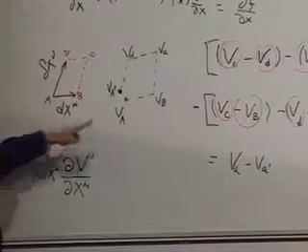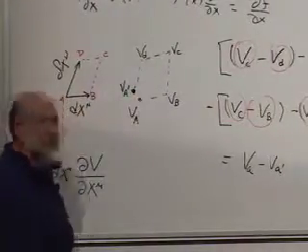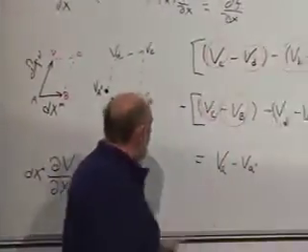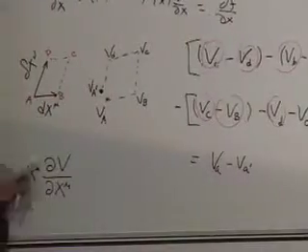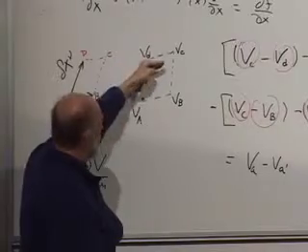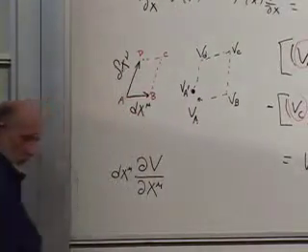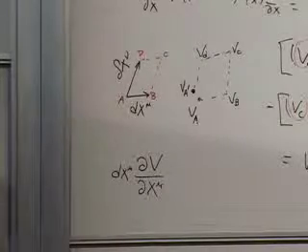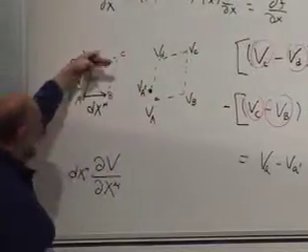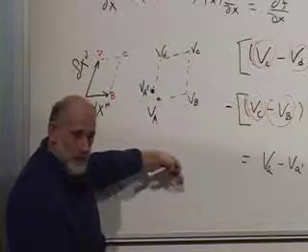Now what's the second term? The second term is exactly the same thing, except displaced downward. Both of these, VC minus VD and VB minus VA, are both related to derivatives along the axis dx mu. All right? But what's the difference between them? The difference between them is a derivative of this with respect to the vertical axis.